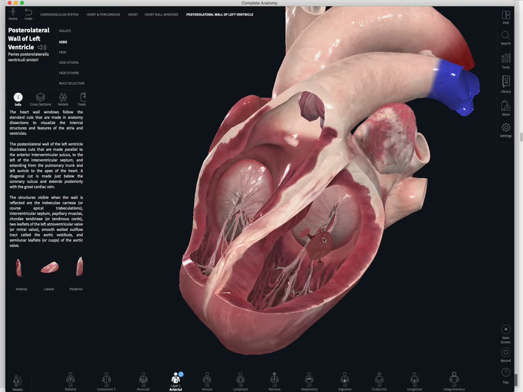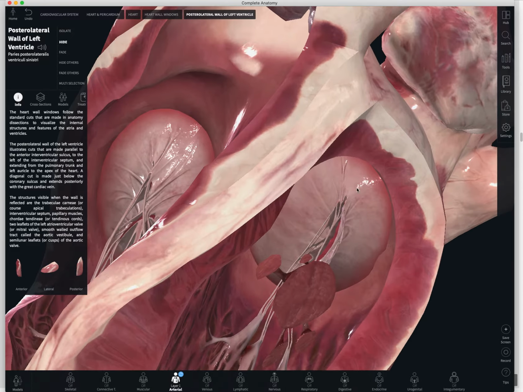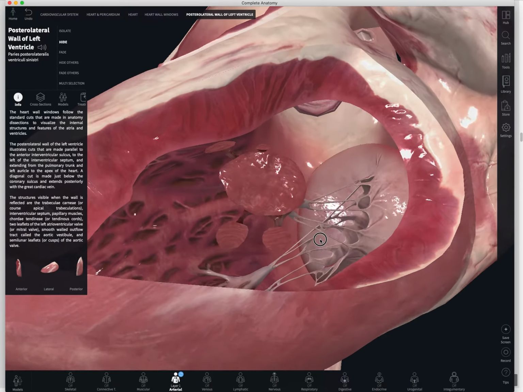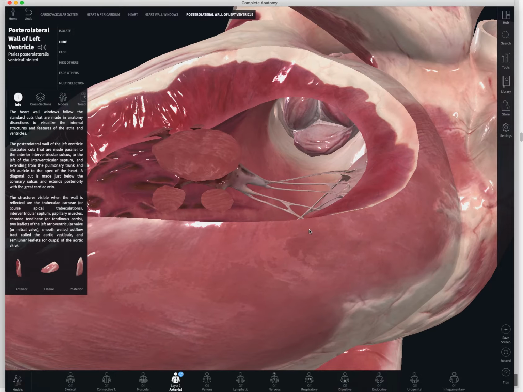And this atrioventricular valve is the mitral or the bicuspid valve. It's got two cusps. It's said to look like a fish mouth, especially when you look at the valve from above. So this valve separates your left atrium from the left ventricle. This valve, the aortic valve, separates your left ventricle from the aorta.